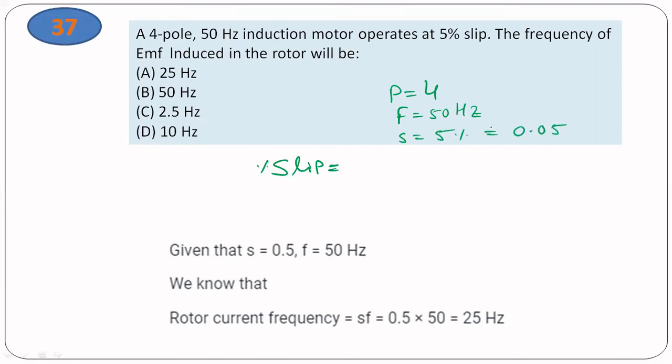The frequency of induced EMF we have to calculate. So the frequency of induced EMF, called f bar, is equal to s times f. So 0.05 into 50, which will be 2.5 Hertz. Okay, 2.5 Hertz is the answer for this question.